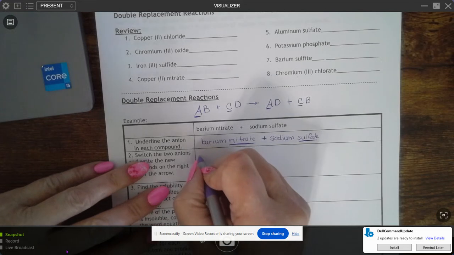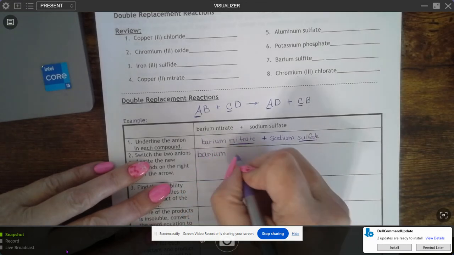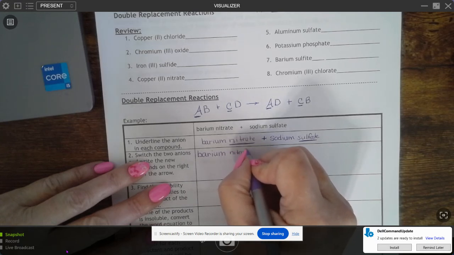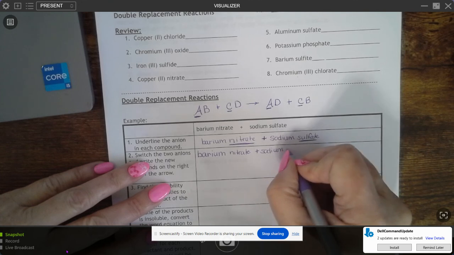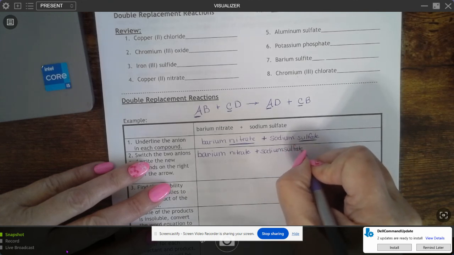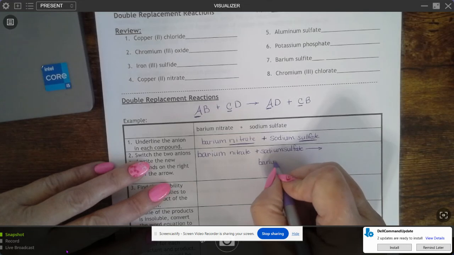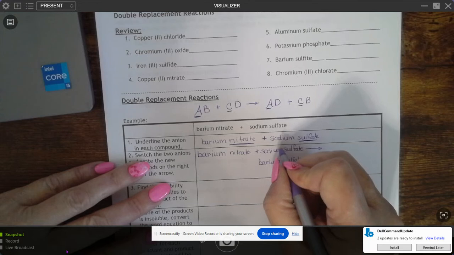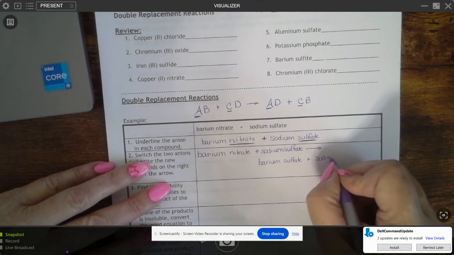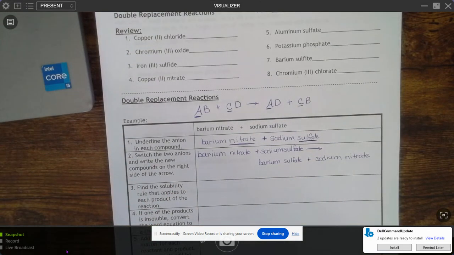So what we end up with, and I'm going to write the whole reaction: barium nitrate plus sodium sulfate react, and our products are going to be barium sulfate plus sodium nitrate. So you just switch the anions.